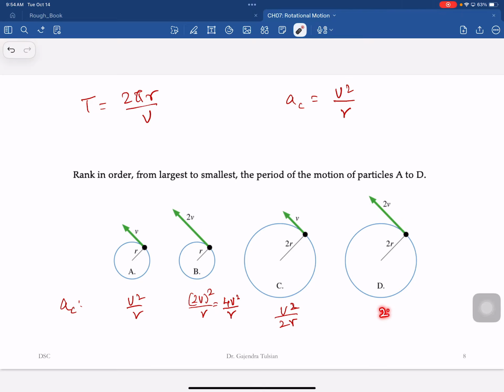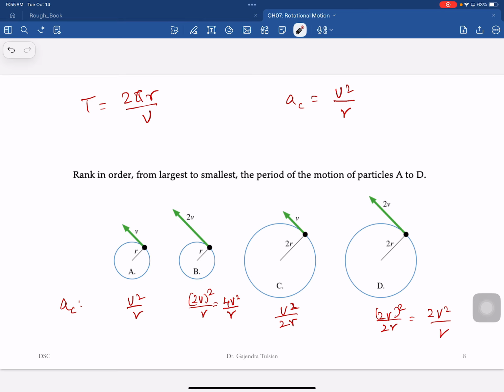For this one, it's 2v squared divided by 2r, so 4v squared divided by 2, which is 2v squared by r. So you see the centripetal acceleration for this motion is the greatest. For this one, the centripetal acceleration is twice the first. So the centripetal acceleration for this one is the greatest.